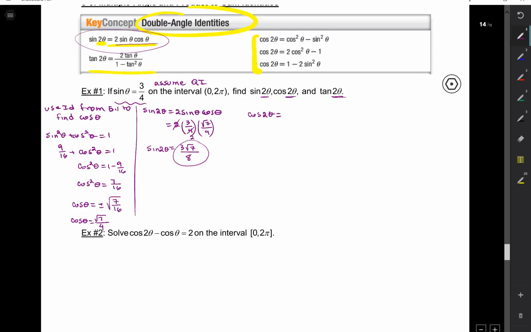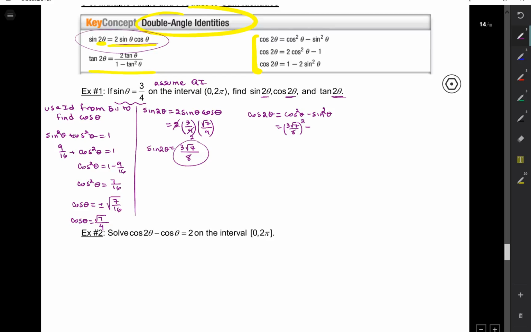You have 3 choices. It's up to you which one you want to use. The first, the second, or the third? The first one? Okay, so if I were doing this, I would have chosen the third one. For me, it's simpler, but let's do the first one. It's really like there is no difference whatsoever. So cosine squared theta is 3 root 7 over 8 squared minus what's sine squared theta?